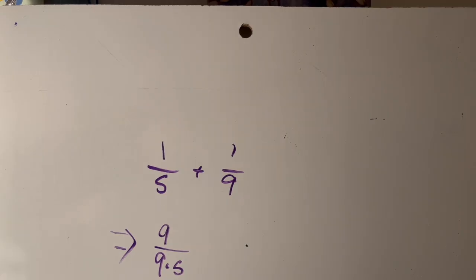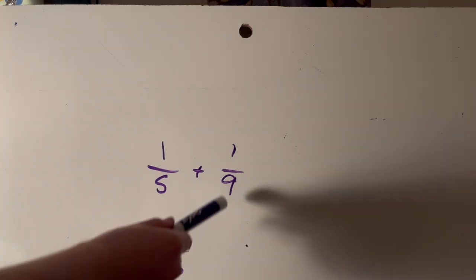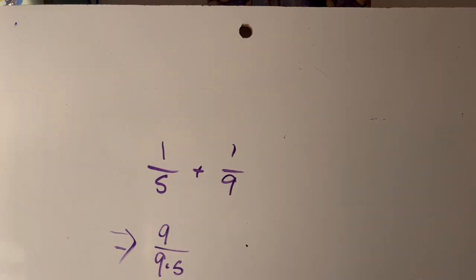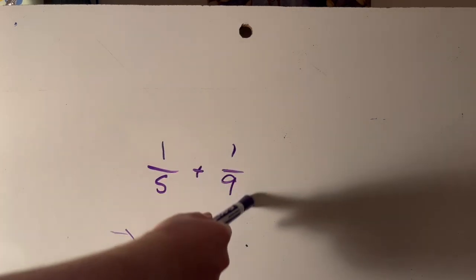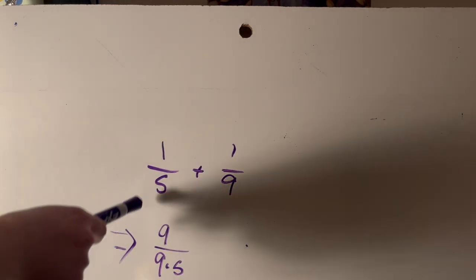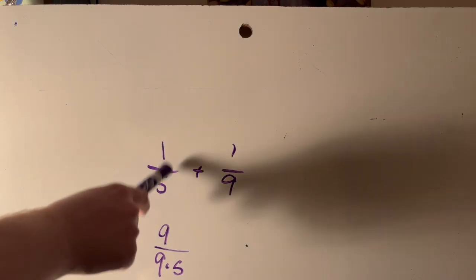So it's going to be 1 times 9 over 9 times 5. So we could say this numerator is 9, and the denominator is 9 times 5. Now what you do to the other side of the equation, right, because we took this 9 and we multiplied it here, is you're going to multiply this numerator and denominator by this number in the denominator here.